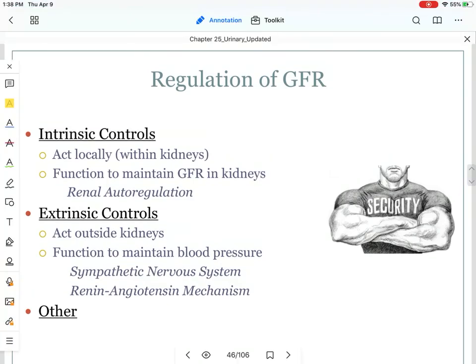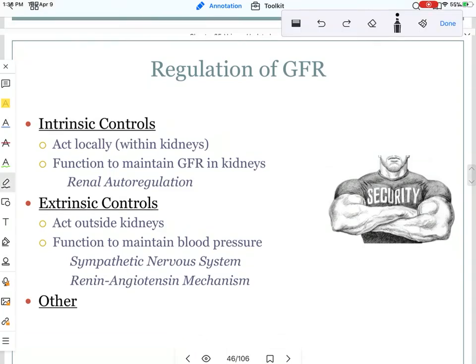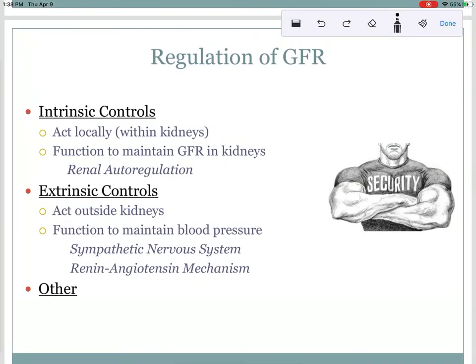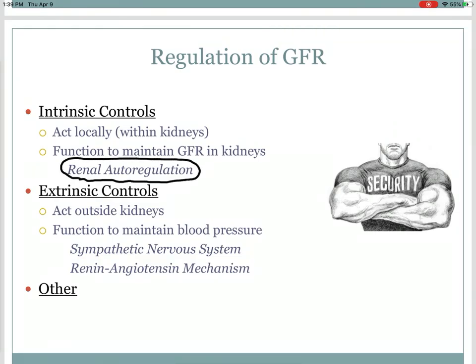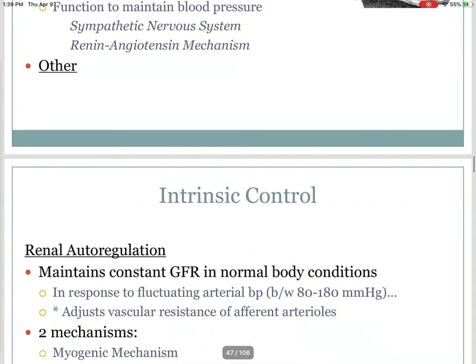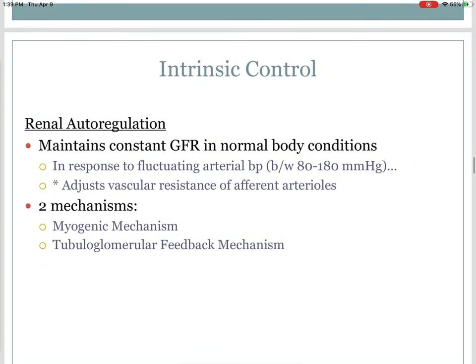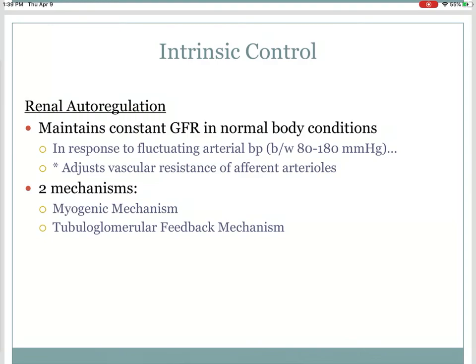We're going to start by talking about intrinsic controls. And our intrinsic control is going to be autoregulation. We've heard that word before. We are familiar with it. Here we come across it once again. So, renal autoregulation.